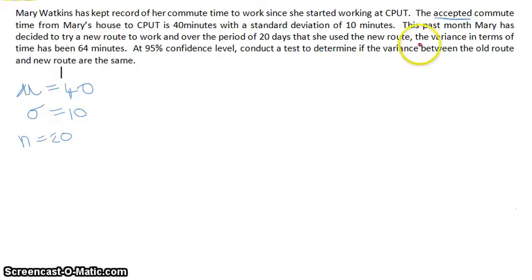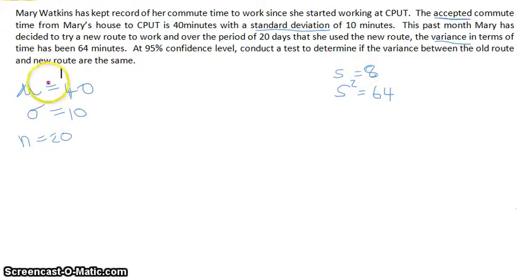Interestingly, the word variance was used here, and yet earlier on standard deviation was referred to. We know that there's a relationship between them: variance is standard deviation squared. So the sample data is given to us as variance: the standard deviation of that sample is actually 8 and the variance is 64.